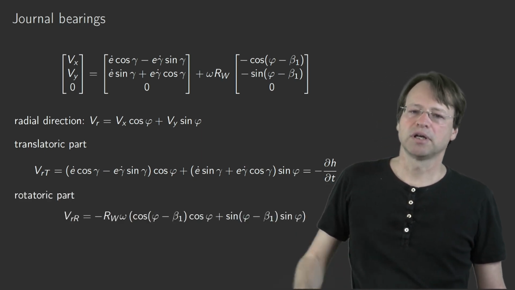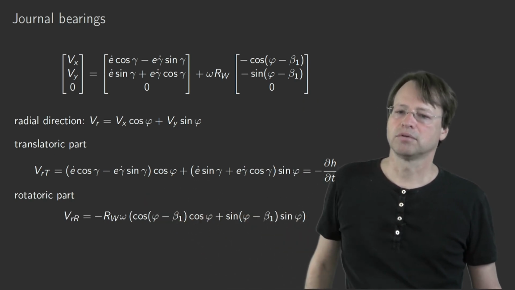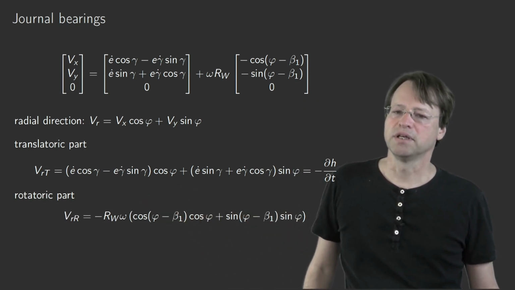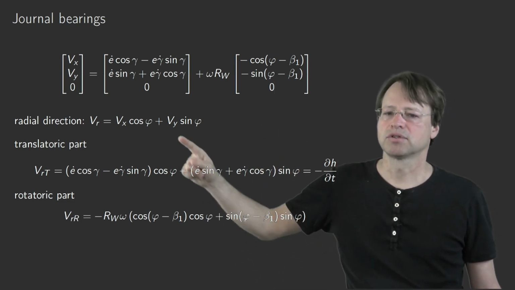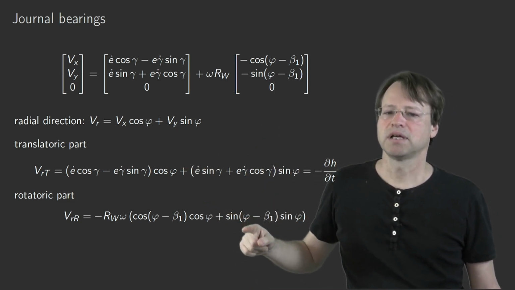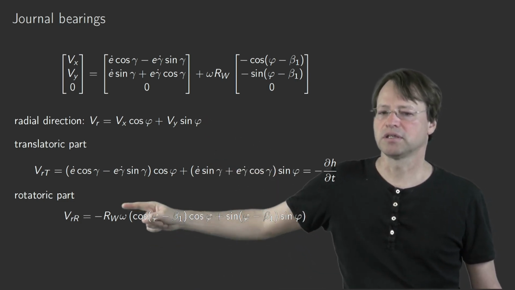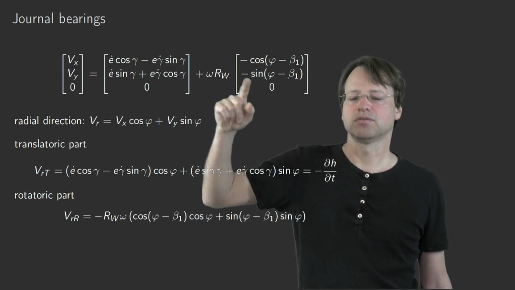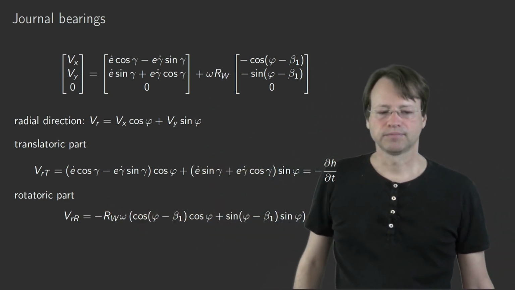Well, for the rotatory part, so the last expression, we also take minus r sub w omega times cosine of phi minus beta 1 times cosine phi, plus sine of phi minus beta 1 times sine phi. You can see that the negative sign here from these two terms moved to the first position.